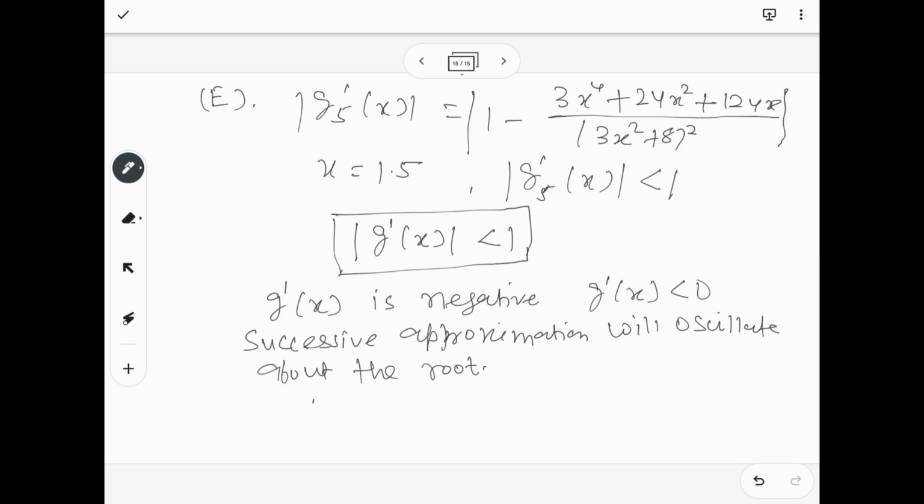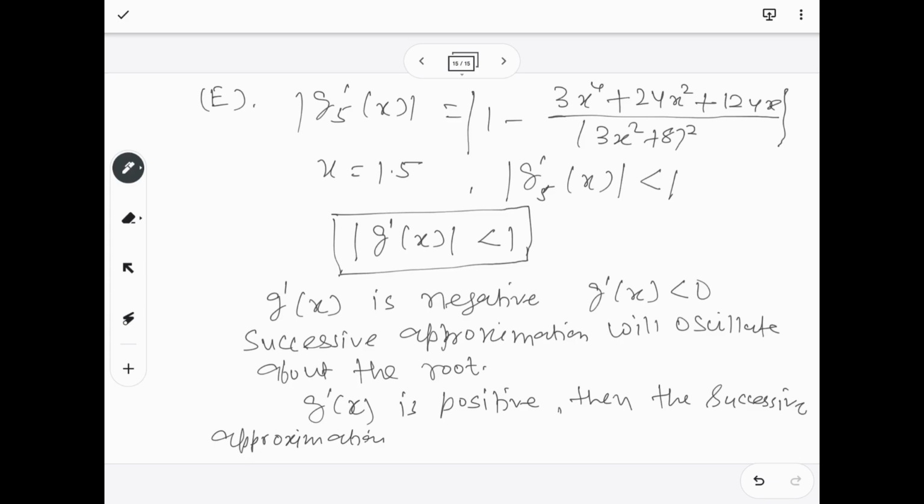On the other hand, if g prime is positive, then the successive approximations shall approach the root monotonically.